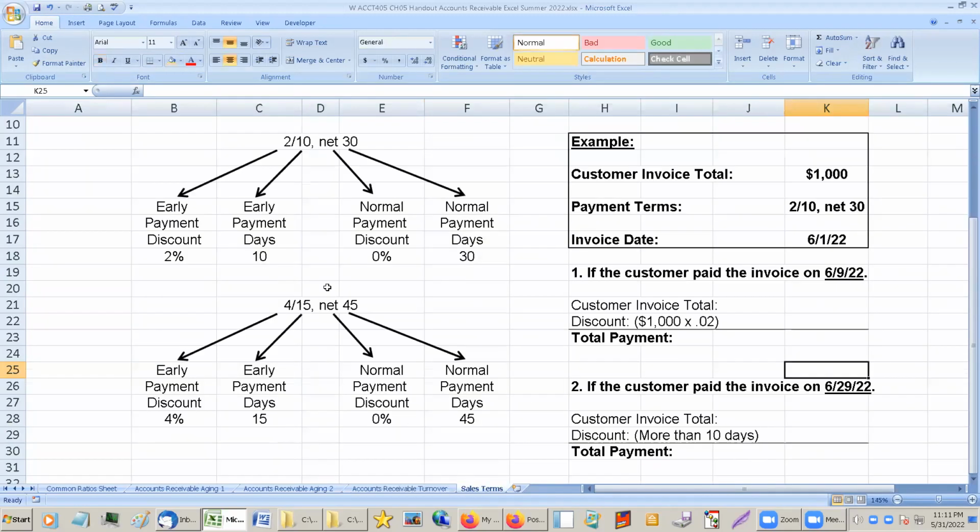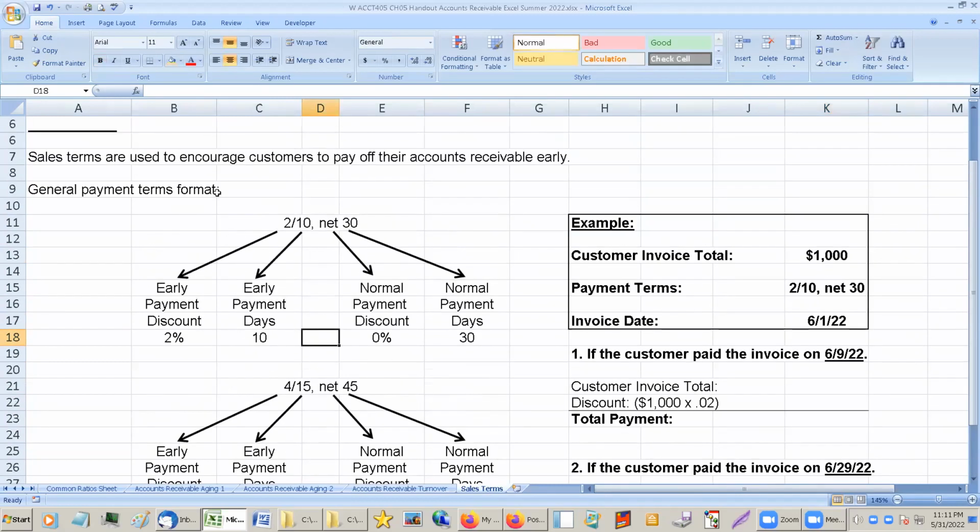Okay, last thing, and this is sales terms. What do they mean? In sales terms, you'll generally see them listed as they are there: 2/10 net 30, 4/15 net 45.